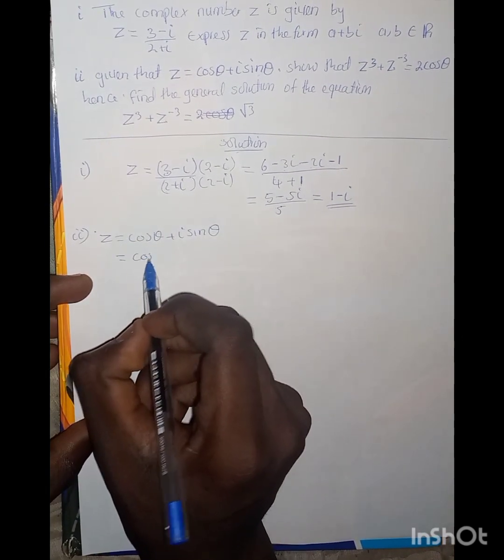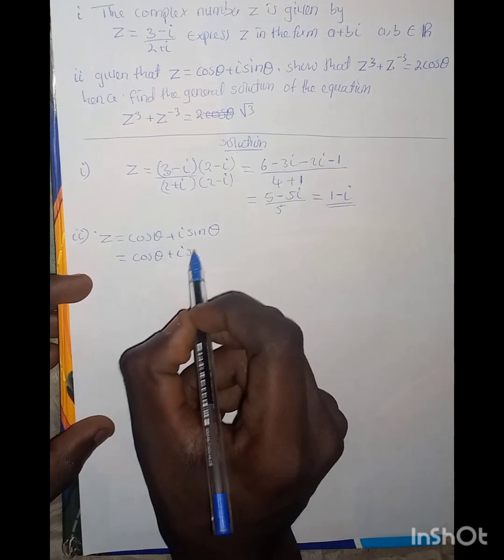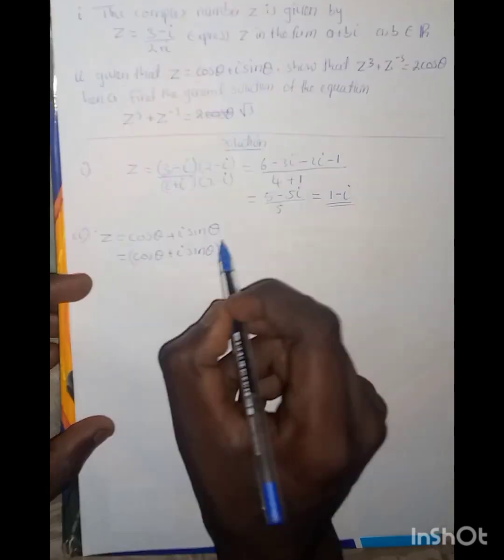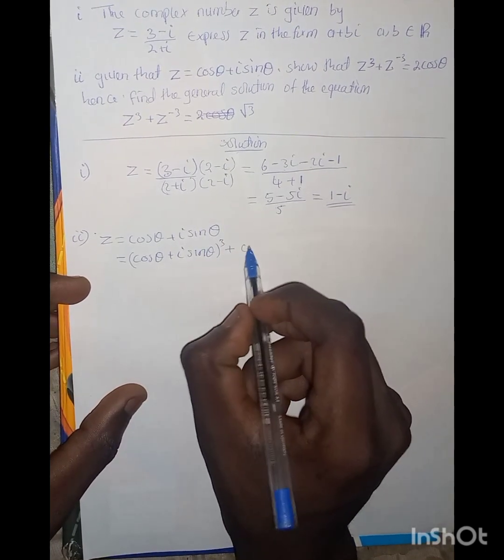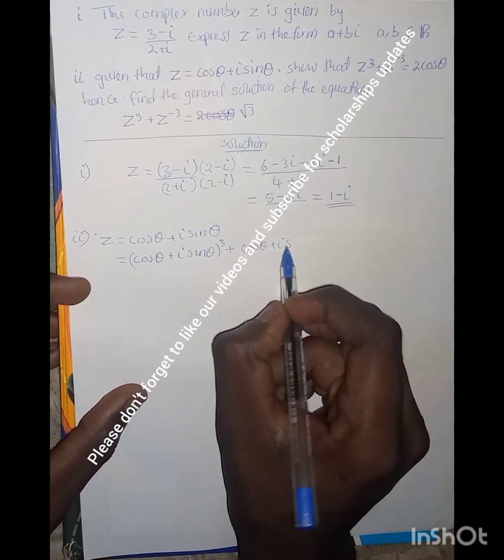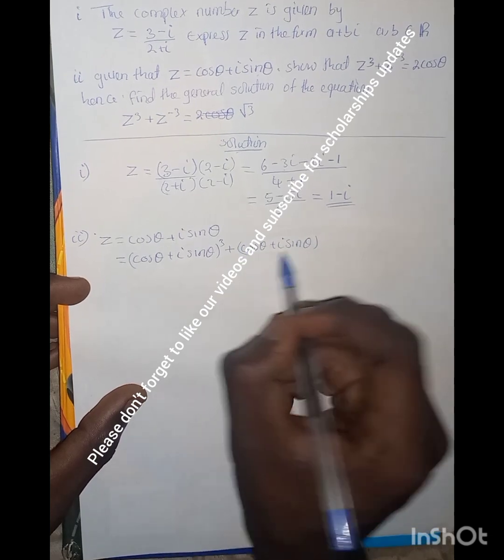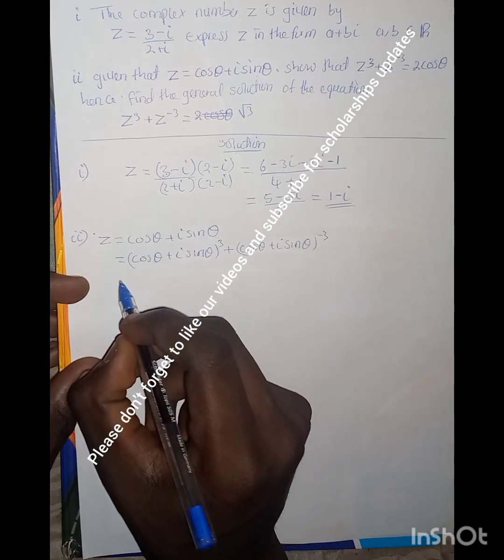That gives me (cos theta plus i sine theta) all to the power 3, plus z to the power negative 3, which is (cos theta plus i sine theta) all to the power negative 3. Let's simplify that.